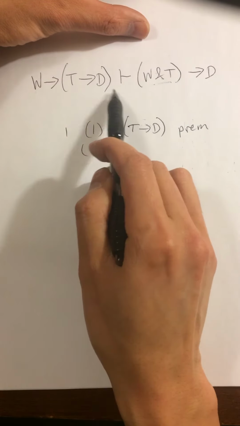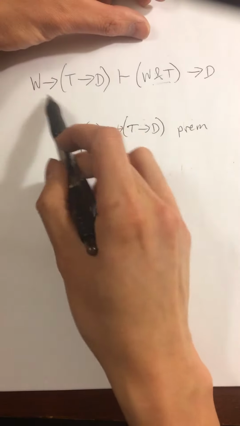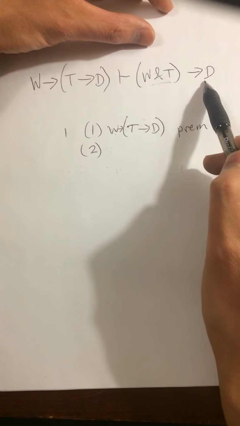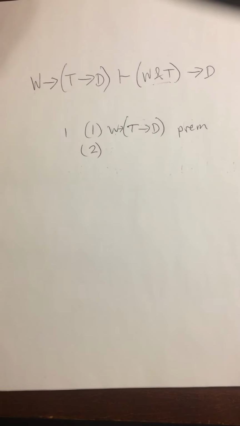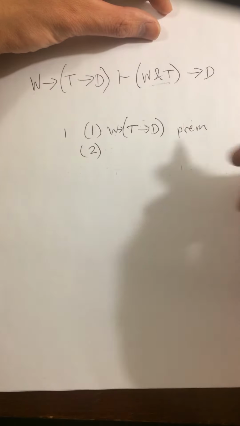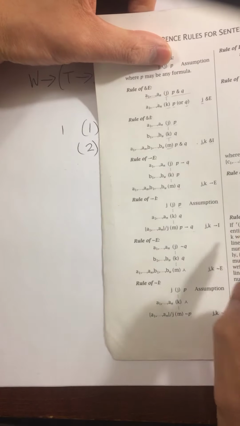So here's the material that we have. The formula is our premise, and so we have that to work with. And we want to make this. So in order to make this, we apply the rule of arrow introduction. And we need an assumption to use the rule, just like the schematic says.